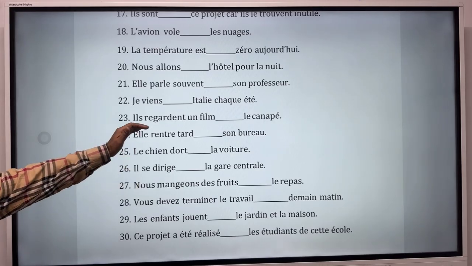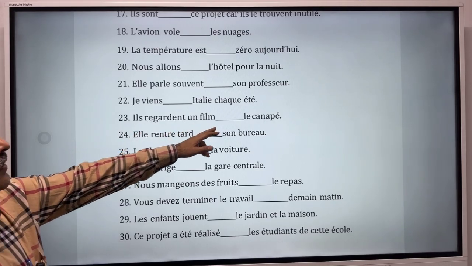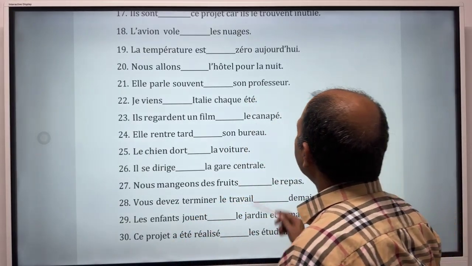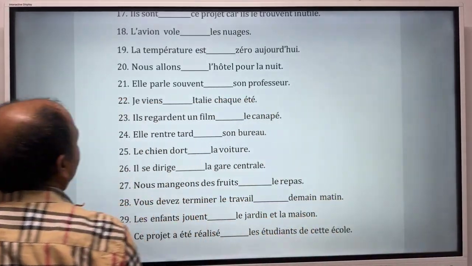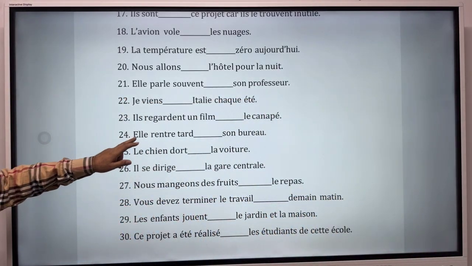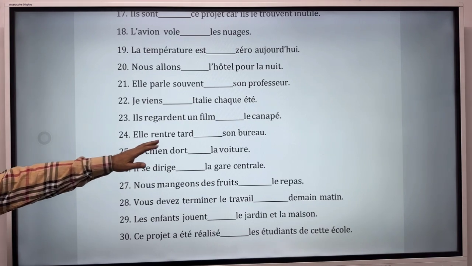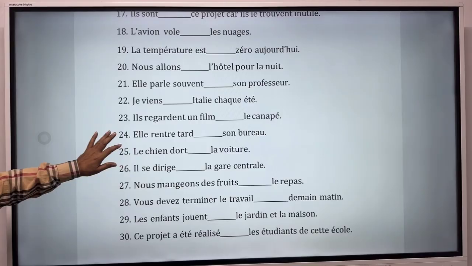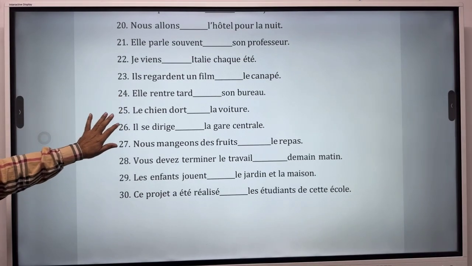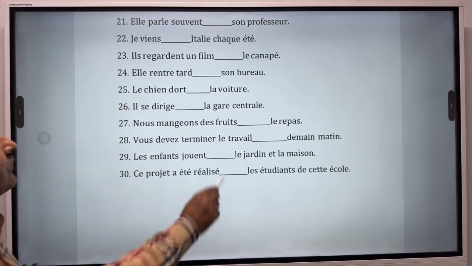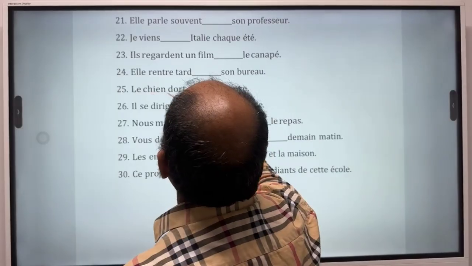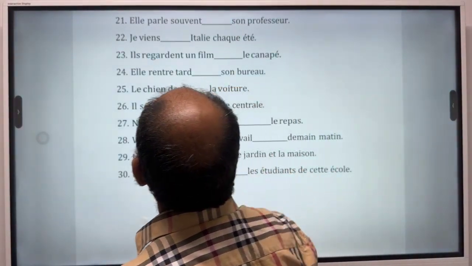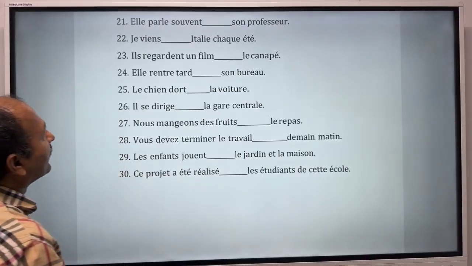Il regarde un film sur le canapé. Elle rentre tard de son bureau. Le chien dort sous la voiture. The dog sleeps under the car. So here you can put sous.